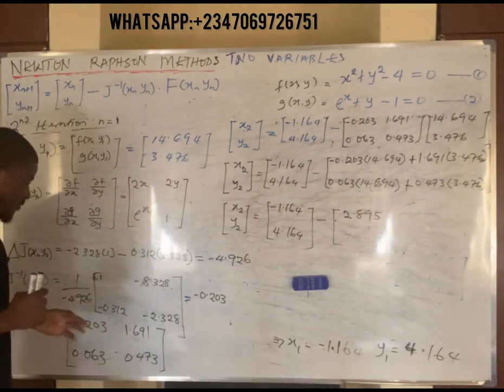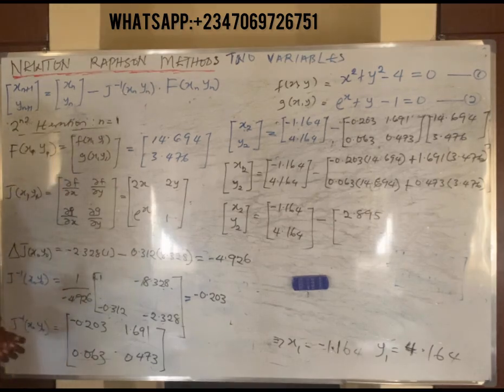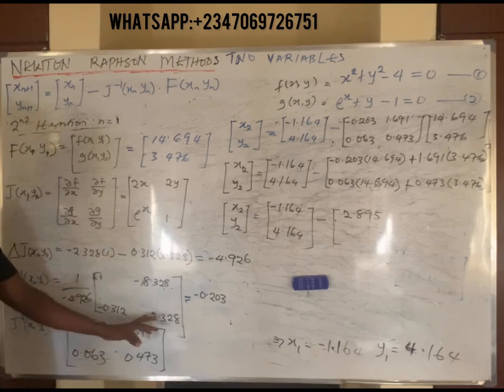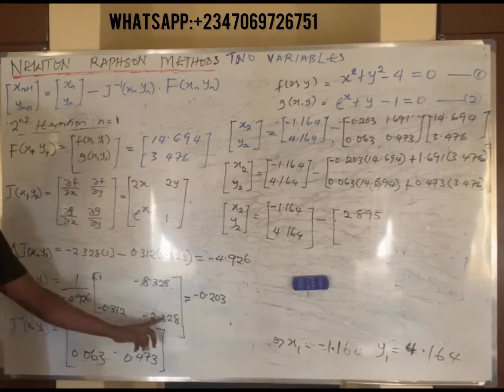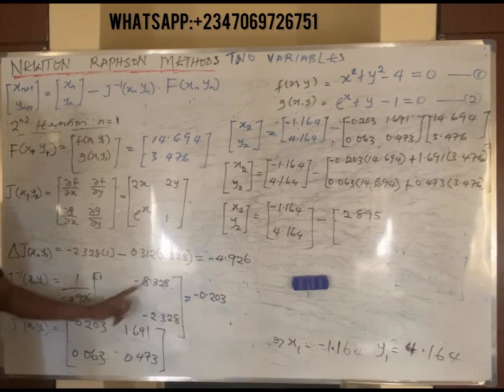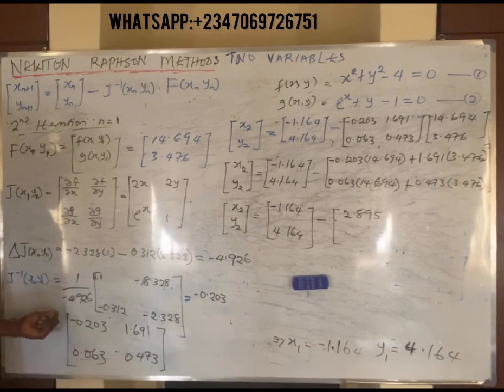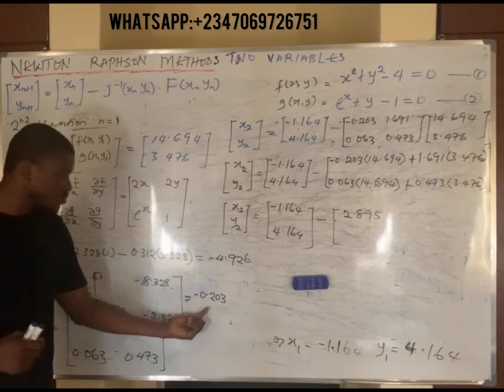So we have to transpose the Jacobian matrix by exchanging the major diagonal elements, right? So the 1 was initially here and negative 2.328 was actually here. So you transpose the two of them, send negative 2.328 here, then send 1 over here. Then you negate the minor diagonals and you have this. So when you take the inverse of the determinant, you're simply going to have negative 0.203.